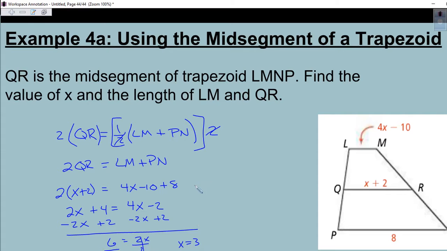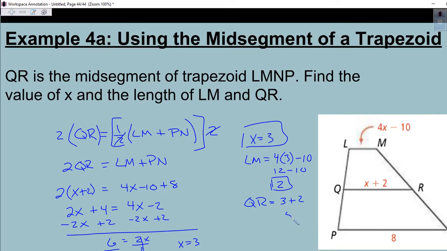Once we get the value of x, now it asks us to find and plug these in. So x equals 3. LM is going to be 4 times 3 minus 10. 12 minus 10 is 2. So this one's going to be 2. And then for QR, we're going to get 3 plus 2, which is 5.